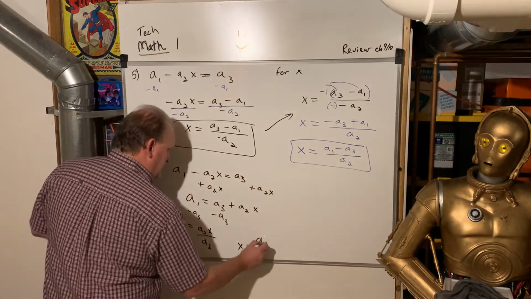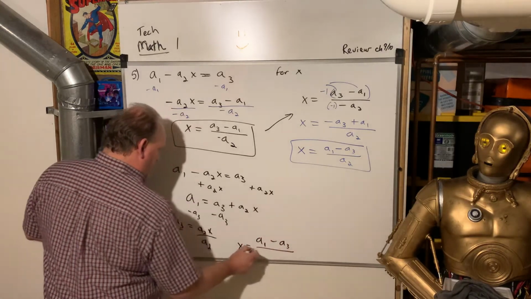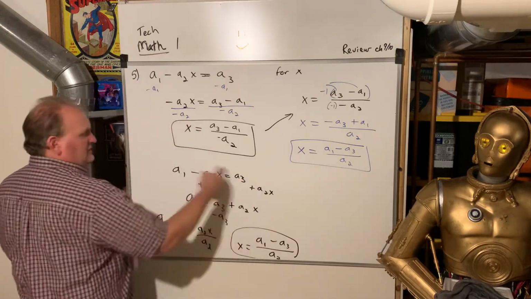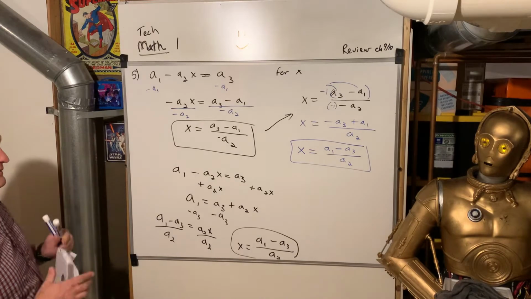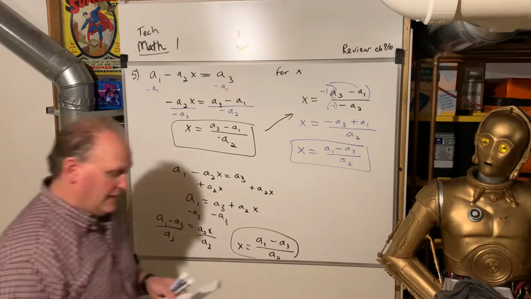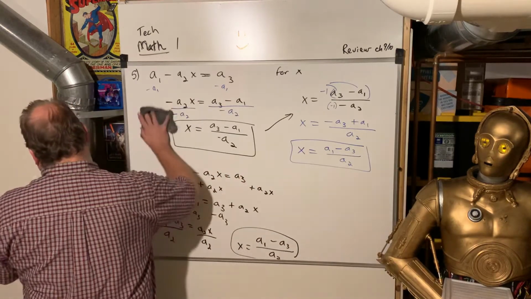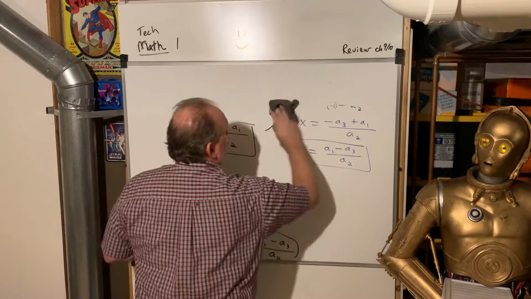And so same answer as that, a sub 1 minus a sub 3 over a sub 2. But all you did was just rearrange it before you divided. And whichever way you like is fine with me. Okay, so let's look at number 6.